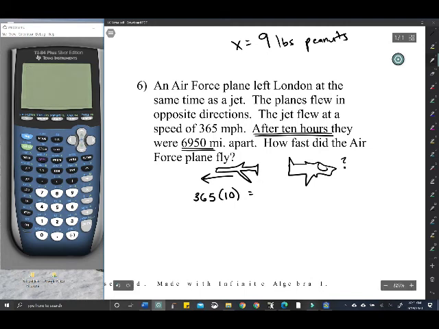So 6,950. And we need to subtract the speed of the plane. So after some speed, so 10 hours, and the rate. So 10x. So, what's going on here?